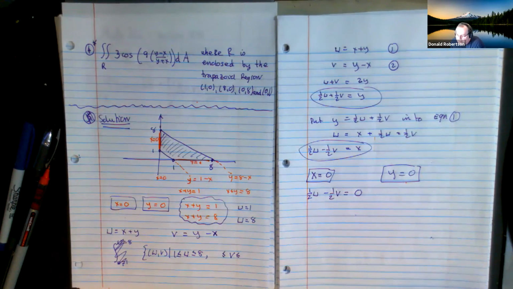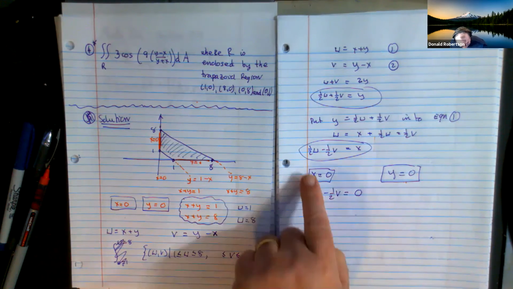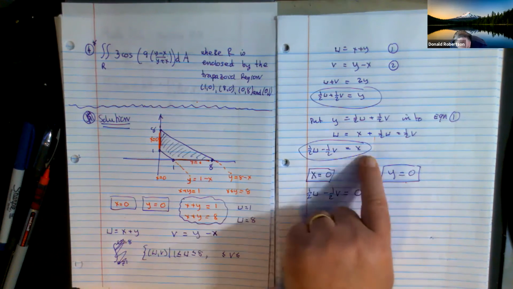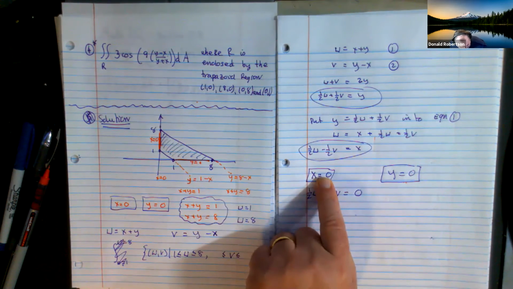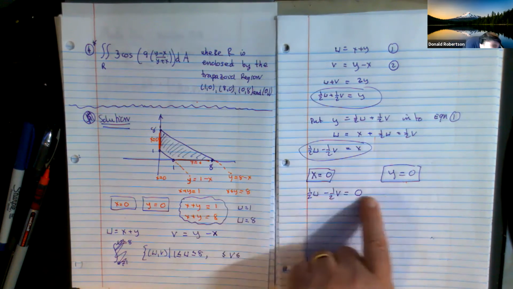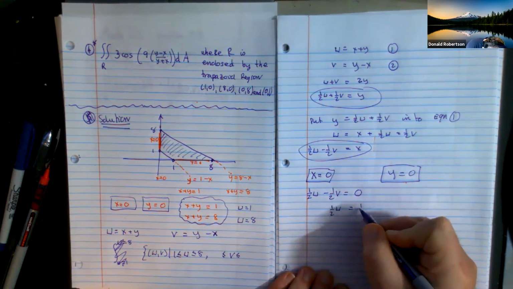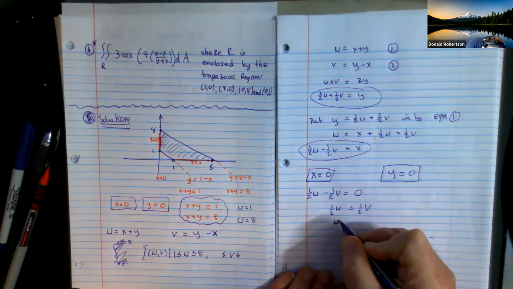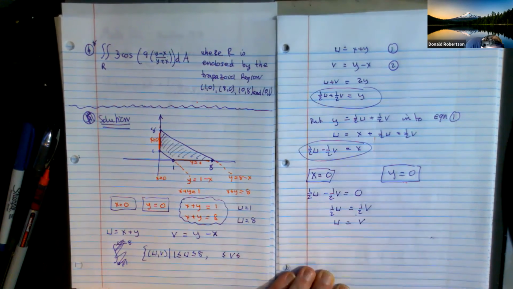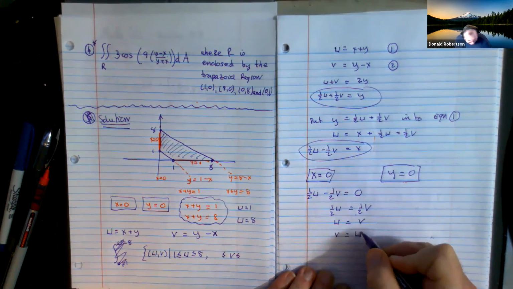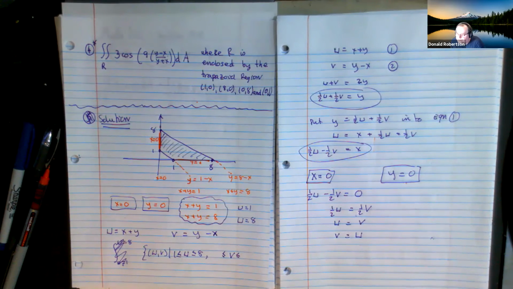Right? If a half that is 0, and I'm telling you that x is 0, then the relationship becomes that. If you rearrange this information, don't you get V equals U? Are we okay with that, guy?